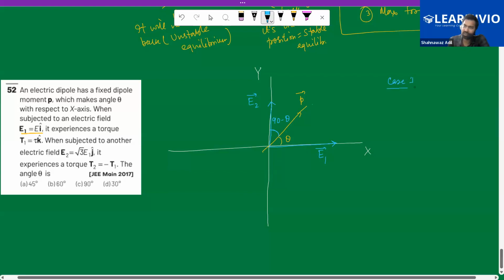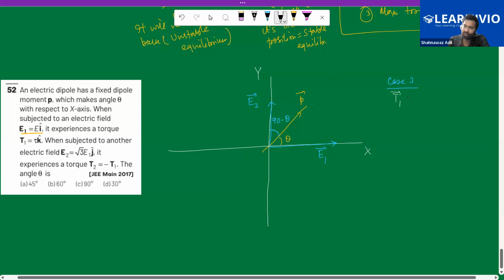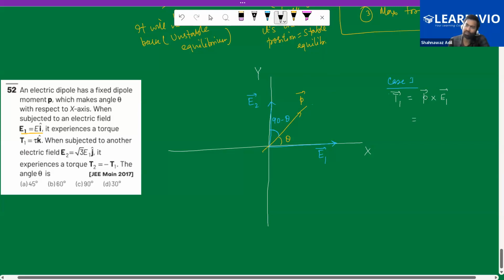Case first. What is the torque that we have? Tau1, and they are writing it as T1. This would be P cross E1, am I correct? Suppose the magnitude of P is P, and the magnitude of E1 is E, and then sine theta.